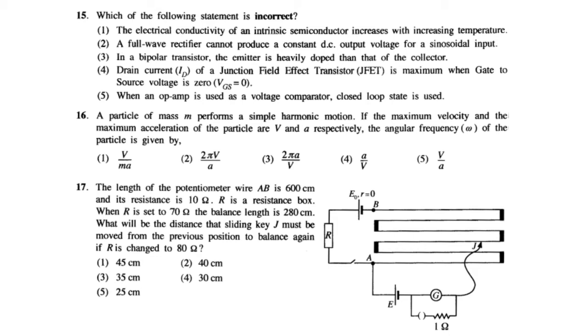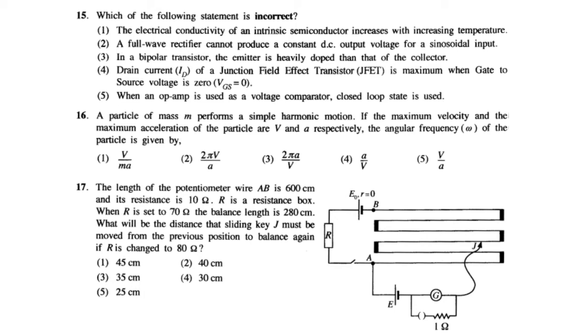Now we know that V1 is greater than V2 because I1 is greater than I2. When the potential drop across the AB wire is more, then the balance length would be low. So when you compare V1 is greater than V2, then you get L1 is smaller than L2.